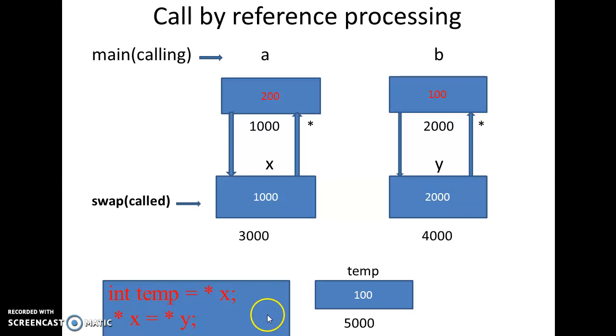The function processing contains temp is equal to *x, pointer x. So the temp variable will get the value from the value at address x. x holds 1000, and at 1000, 100 was stored.